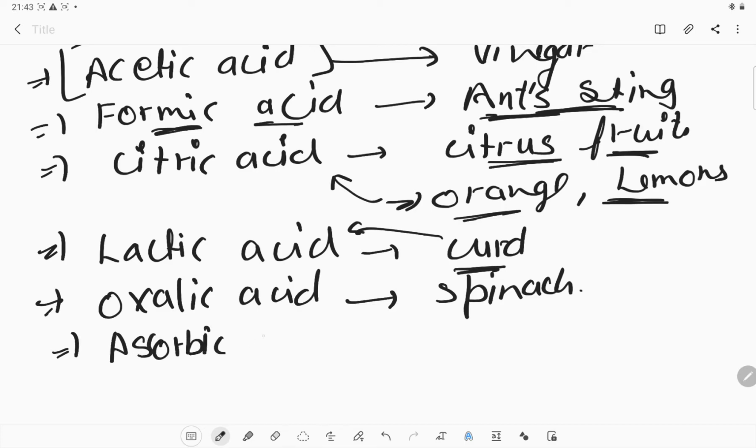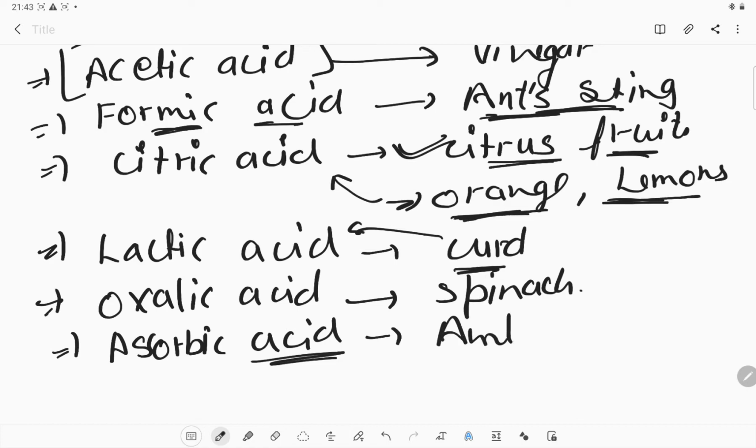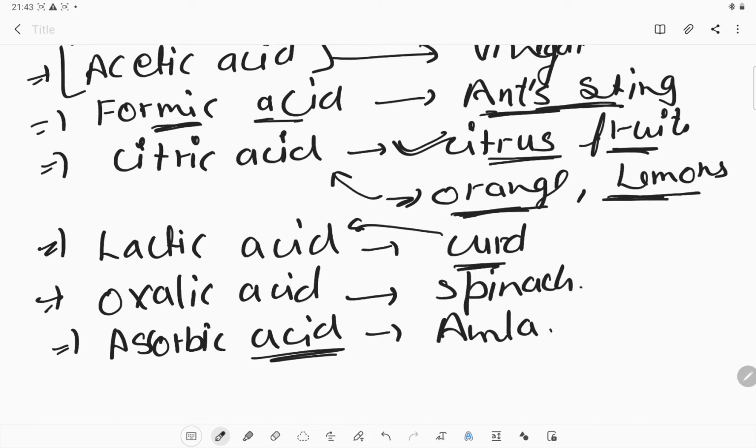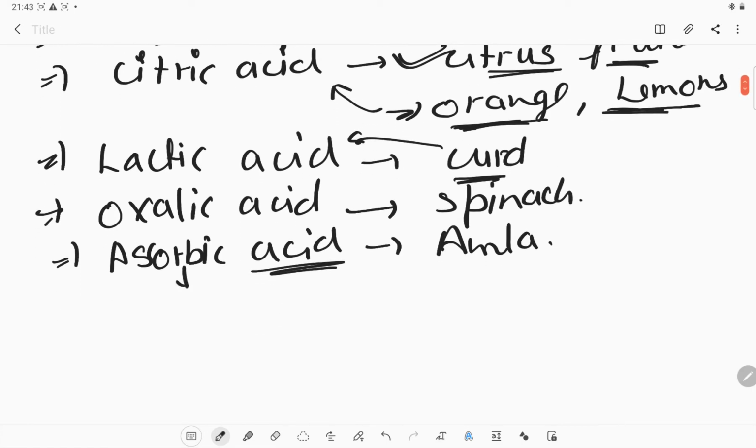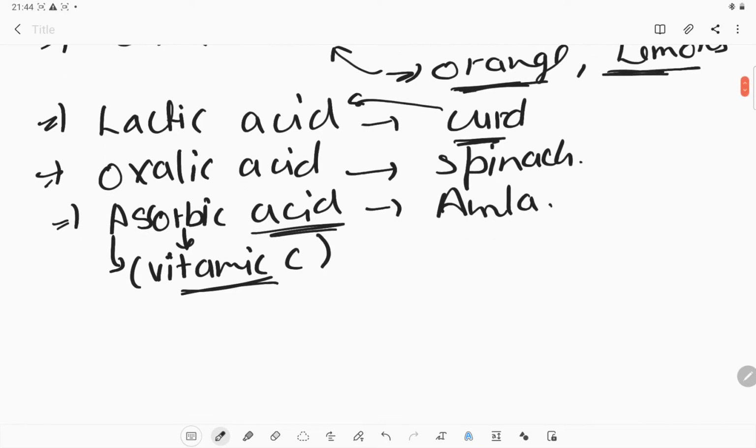Ascorbic acid is found in all the citrus fruits like orange, lemon, etc., as well as amla. It is also present in amla. The ascorbic acid is present in substances which have vitamin C in them. So ascorbic acid is rich in vitamin C.